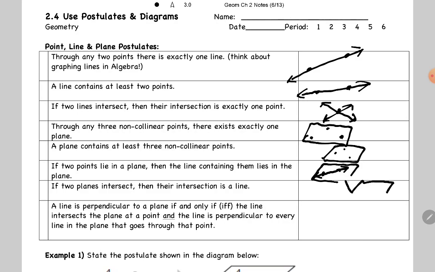If 2 planes intersect, think of 2 pieces of paper. It's a lot harder to draw 3-dimensional shapes here.